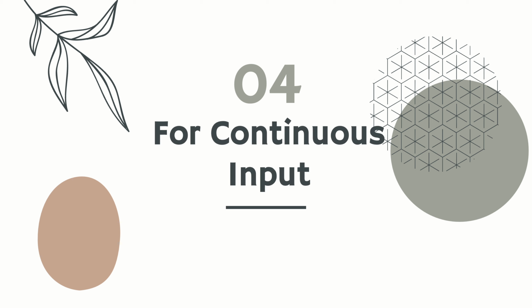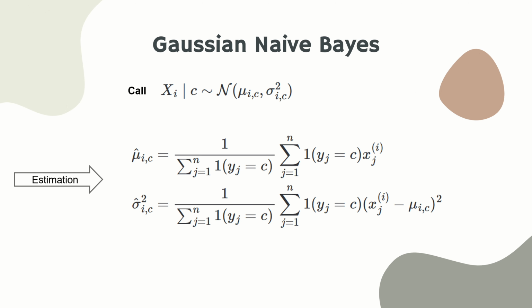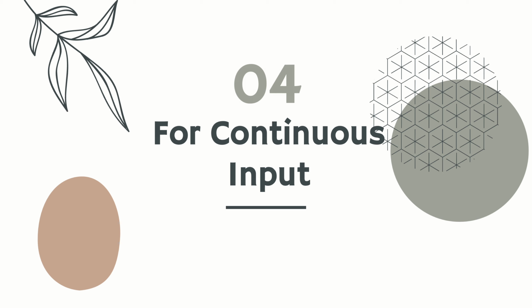And we will go right into the final part, which is how we use naive Bayes classifier for continuous input. Of course, the rule of thumb for dealing with continuous inputs is to divide them into multiple buckets, right? We turn continuous input into discrete input. But there is another way.